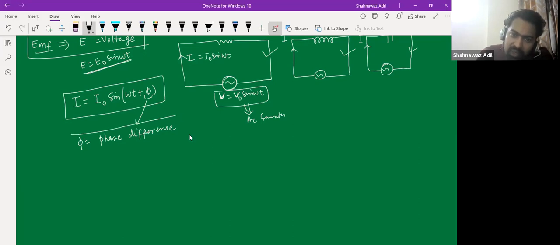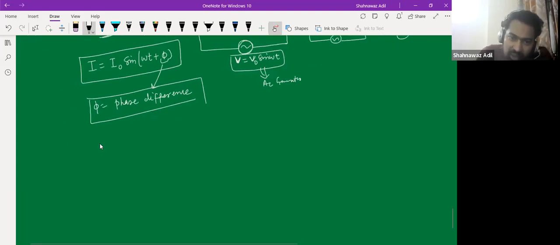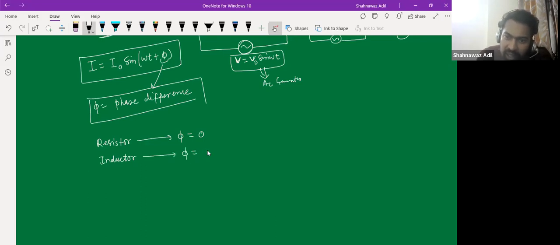You guys have studied this in your CBSE class that for the case of resistor, phi is 0, right? For the case of inductor, the current is lagging by pi by 2.